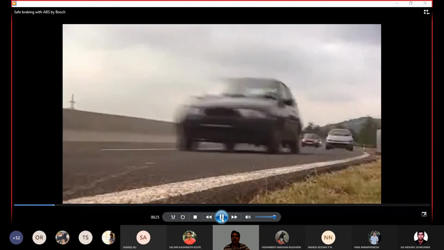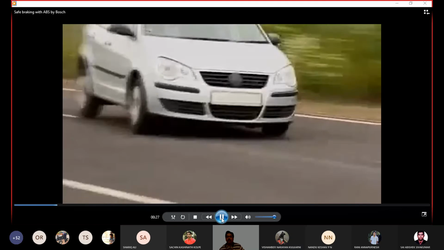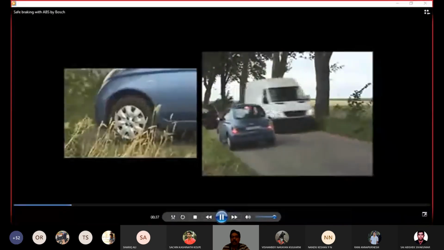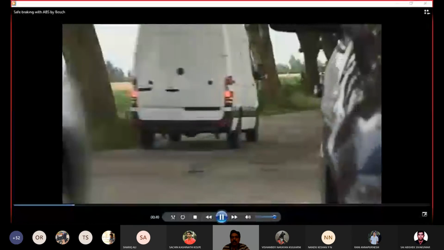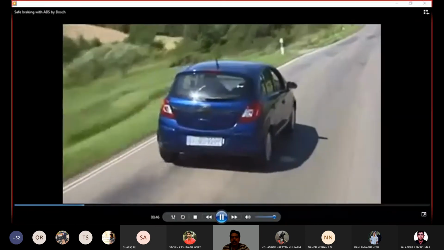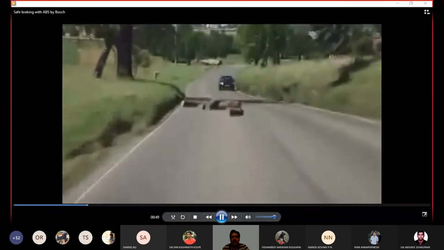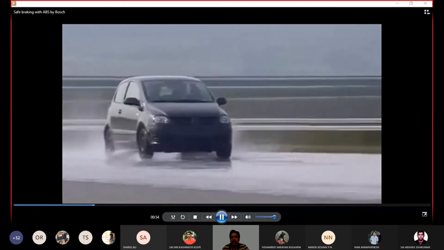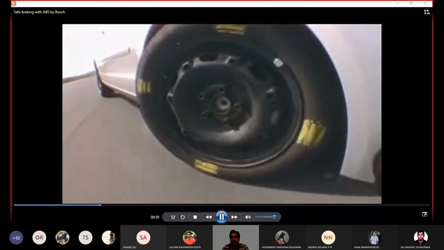Suddenly occurring traffic jams, or obstacles. Sometimes only full braking can save the situation. When applying full brakes in critical situations, or when braking on slippery roadways, the wheels can lock.